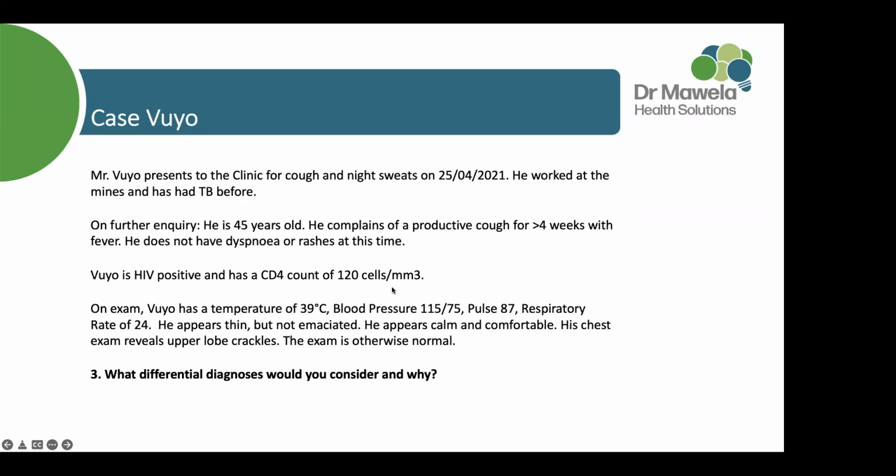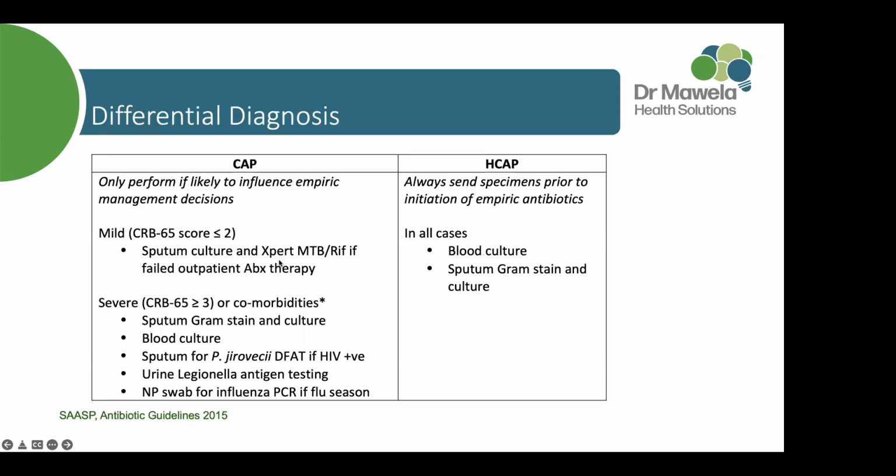But the COVID-19, we should never say never. And in today's world, anyone who's coughing, we should consider whether it's COVID and then also PCP, especially because Mr. Vuyo has a very low CD4 count, below 200 cells. And from the history, we don't get an idea that he's taking cotrimoxazole.